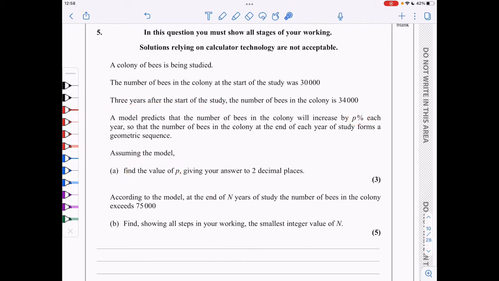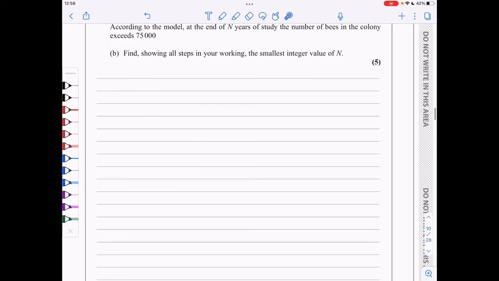So I'm trying to approach these questions by forming a table that matches the wording of the question. So I will say at the end of year 1, 2, 3, just to see exactly what's happening. At the end of year 1, we had 30,000 times 1 plus p over 100, because 1 plus p over 100 is the factor that corresponds to an increase by p%.